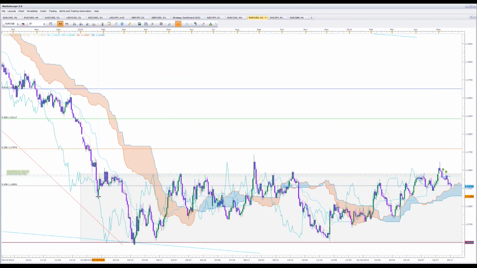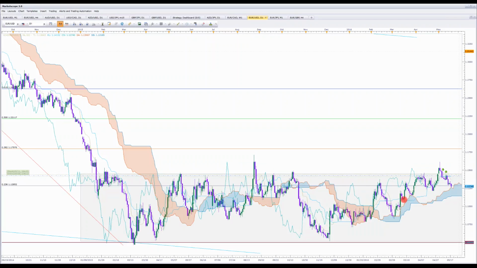So look at this. This is when the range started. The first support that the pair tested was over here. It tested it again over here, again here, here.